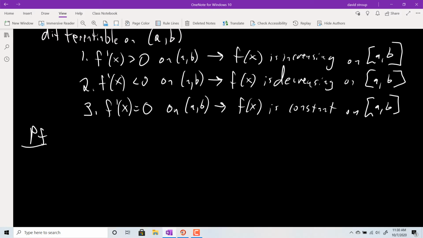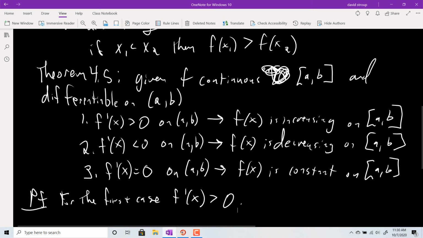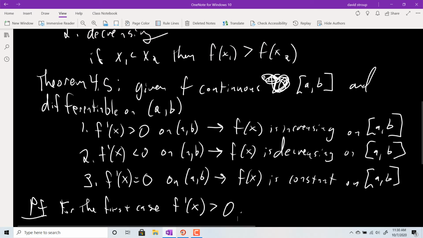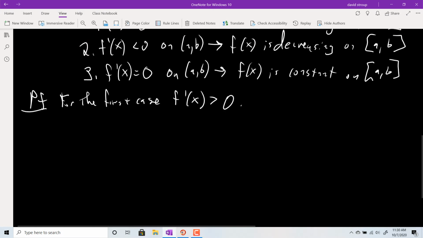And consider the first case where f prime of x is equal to 0. Here we use the mean value theorem because this function satisfies the continuity and differentiability criteria of the mean value theorem.